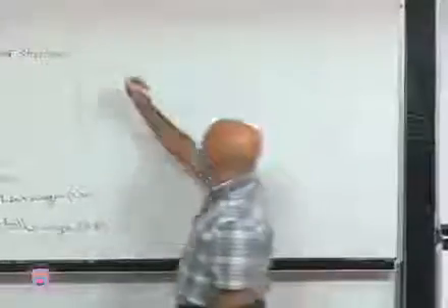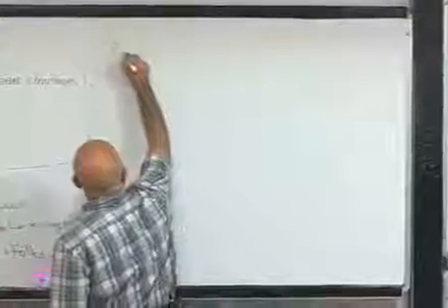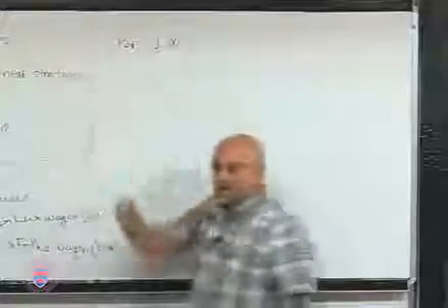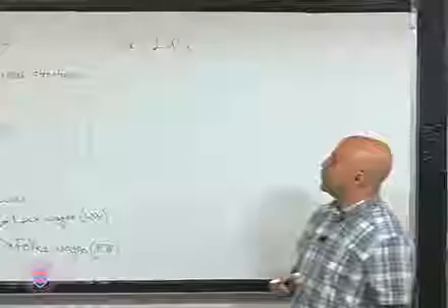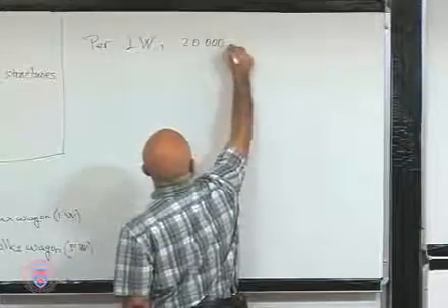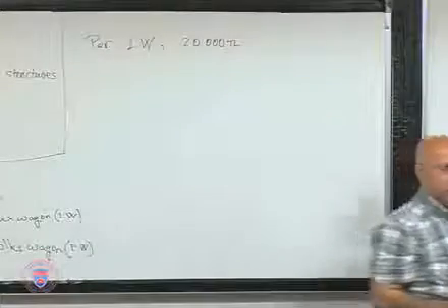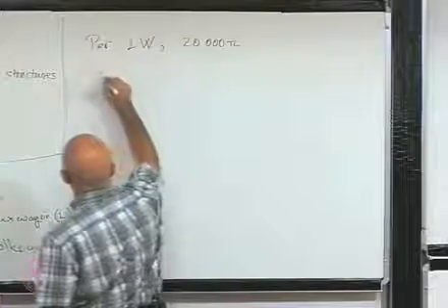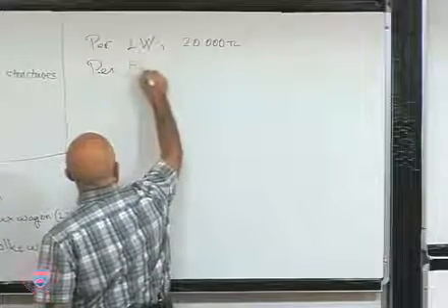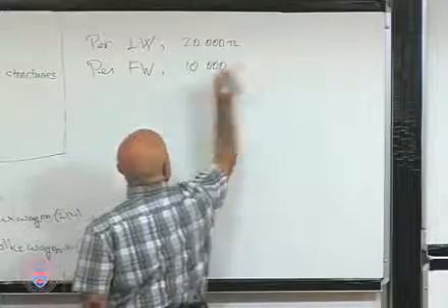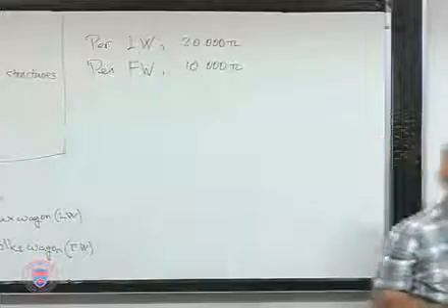Now it turns out that per Lux wagon, you can sell it to people at a profit of, say, 20,000 Turkish liras. Again, per Volkswagen, you can sell it at a profit of 10,000 Turkish liras per car.